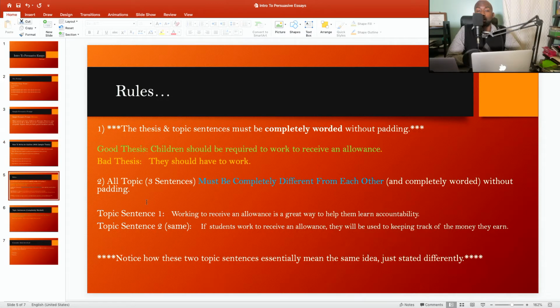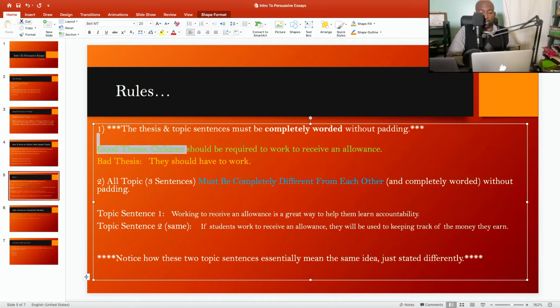But when it all boils down, it ultimately means the same thing. Or one topic sentence idea is the reason or cause and effect for another, and that also causes ideas to overlap. So you have to be careful about that, recognizing when an idea ultimately means or says the same thing as another one. So here's a sample right here.